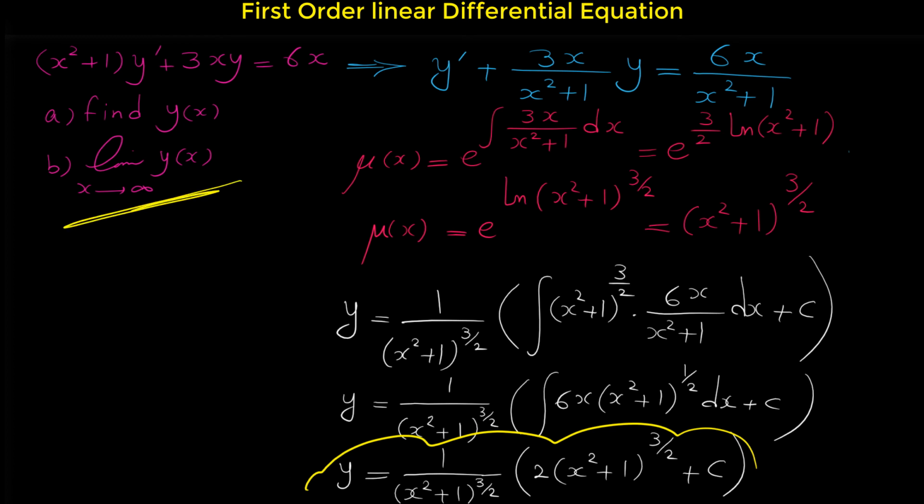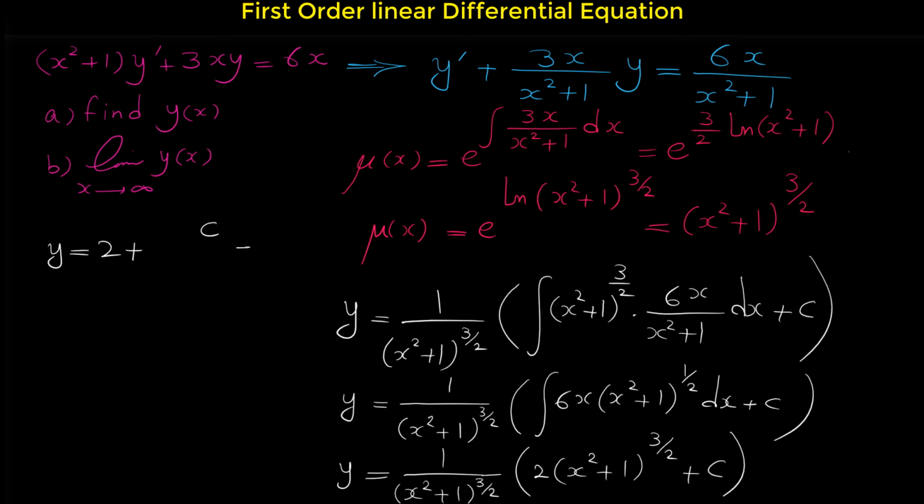Now we have to find the limit of this expression as x goes to infinity. For finding the limit of y as x goes to infinity, it is better to multiply this expression in the bracket. If we multiply 1 over x squared plus 1 to the power of 3/2 in this bracket, x squared plus 1 to the power of 3/2 cancels with this expression. So y is actually 2 plus c over x squared plus 1 to the 3/2.